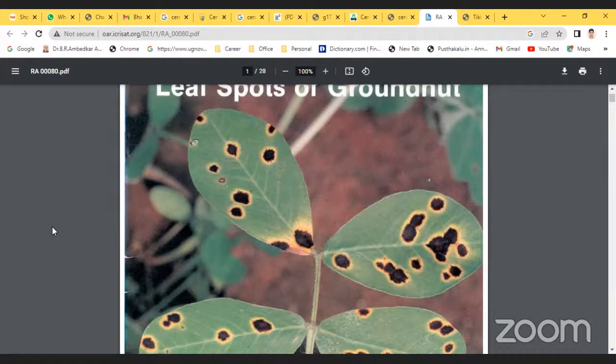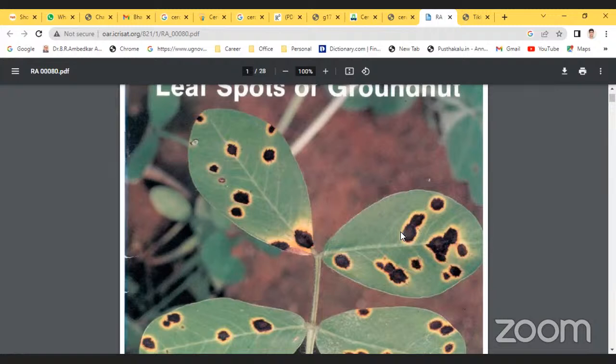In your practical, you take this type of diseased leaf and cut it along with the pith, meaning between two potato pieces. The leaf is inserted in the middle of the two potato pieces. Then we cut thin sections.